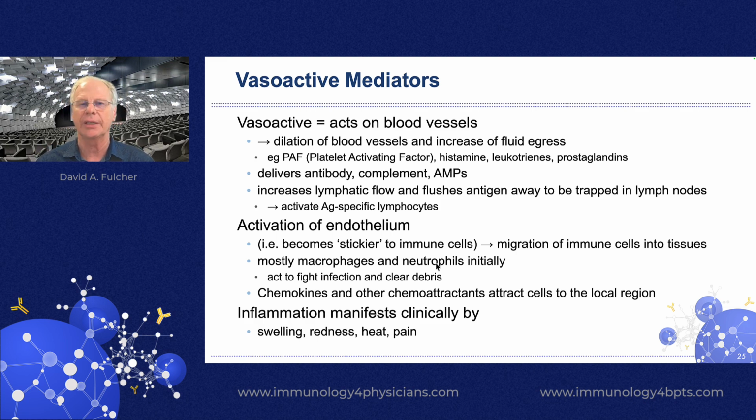Macrophages do the same thing. These come in, ingest, break down, and clear out any debris and then promote healing. The endothelium also can be activated by chemokines and other chemoattractants which also allow cells to come in to that area.